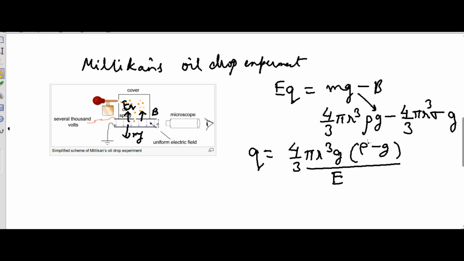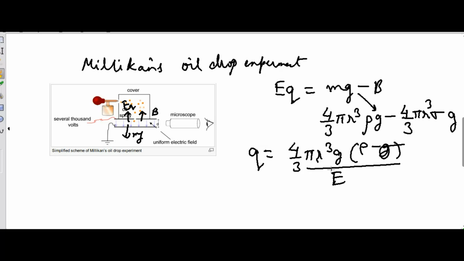Into the density of the oil, which we know, and this is sigma, not g. I know the density of air, and I can control the electric field. I will know how much electric field I have applied. The only variable now left is the radius.